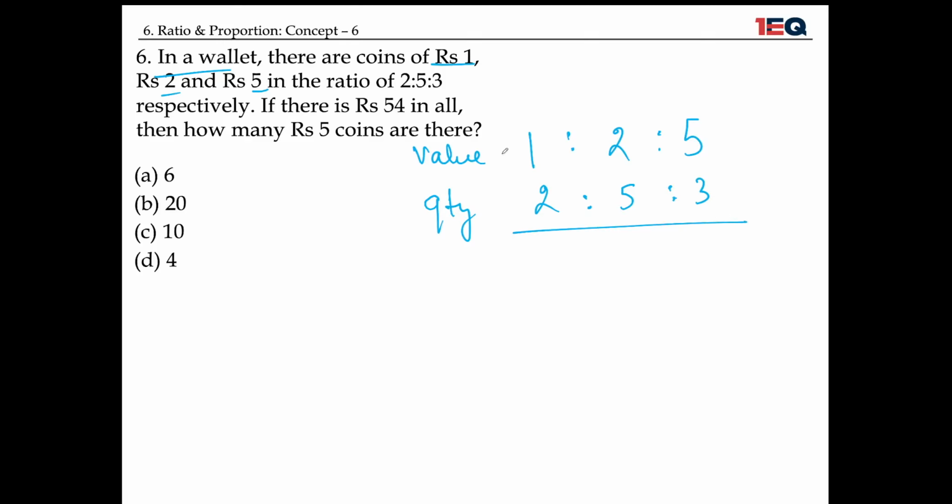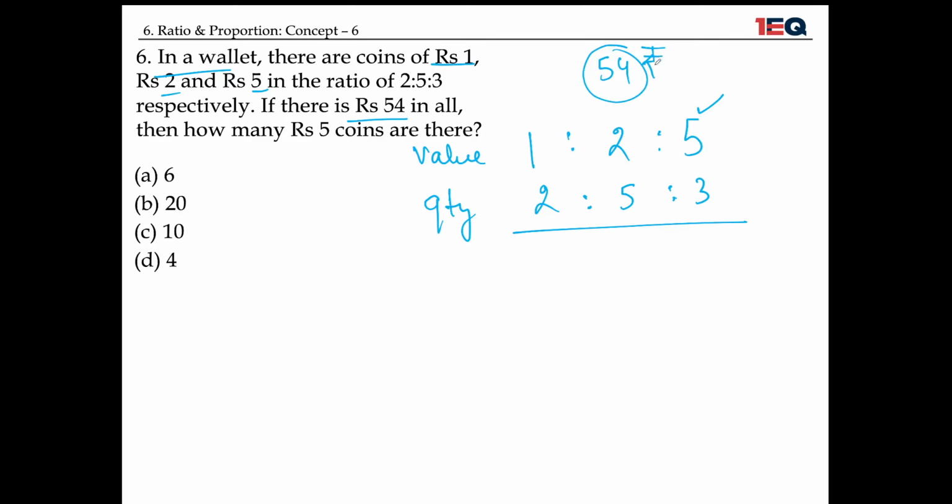Okay. This is the ratio that has been given. If there is 54 rupees in all, then how many 5 rupee coins were there? Okay. So now my focus would be the 5 rupee coin. And the total money is 54 rupees.